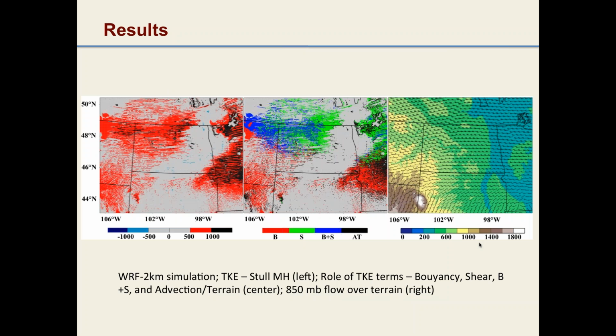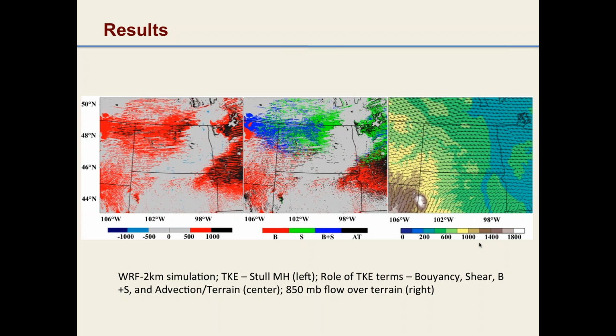This next example shows some results of the study as well, kind of from the spatial view. And here I have basically a WRF model simulation at 2 kilometers. On the left panel shows the difference between TKE and Stull and the spatial difference. And then when it's red in that plot, that's where TKE is actually greater, which happens most of the time.